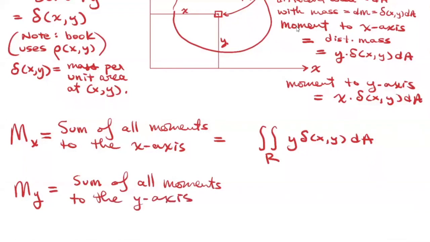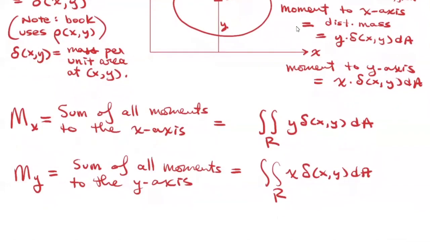And it's the same formula, but the distances are not y, they are x. So double integral over R, x is the distance, delta of xy dA is the mass. Any questions?